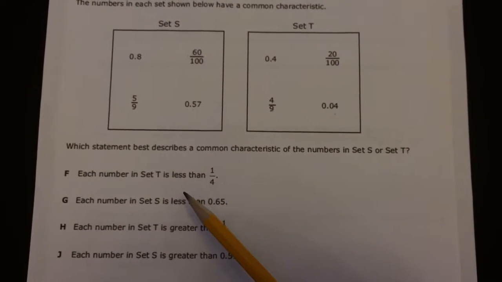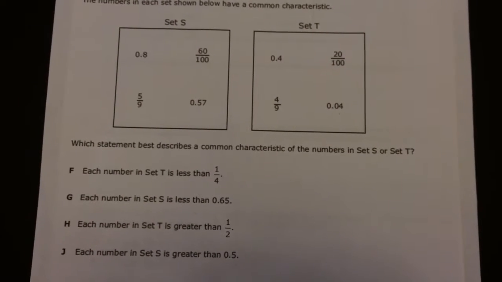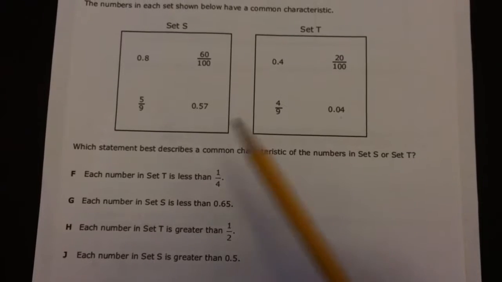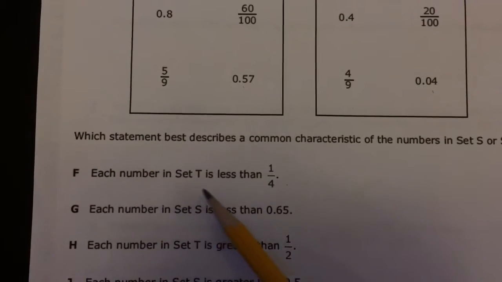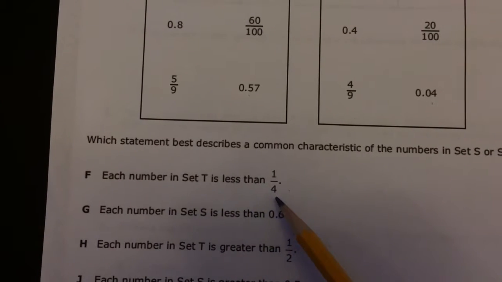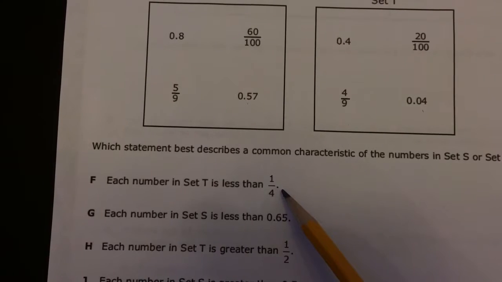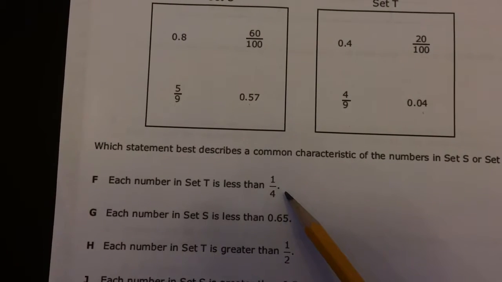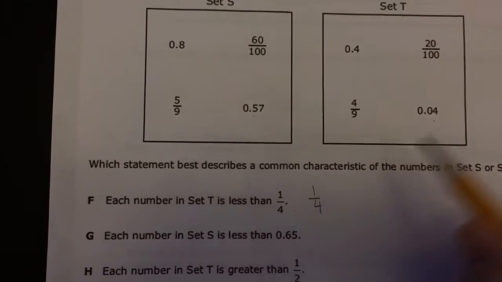The best strategy for this problem is just to work through each of the individual choices and prove it true or false. So let's start with the first one. Each number in set T is less than 1/4. So let's start with 1/4.